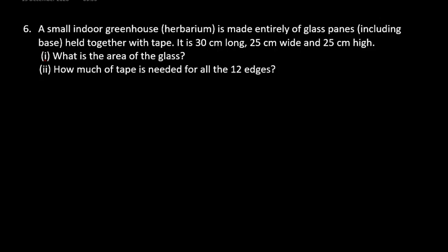So a small indoor greenhouse is made entirely of glass, means all the 6 faces are made up of glass. Now its length, breadth and height are given. So in solution we will see length is 30 centimeter, breadth is 25 centimeter and height is also 25 centimeter.